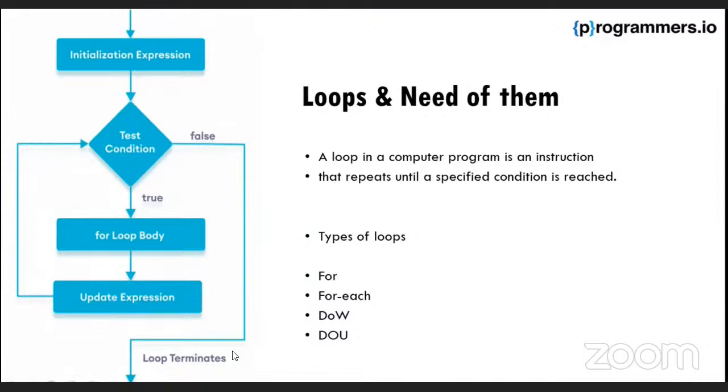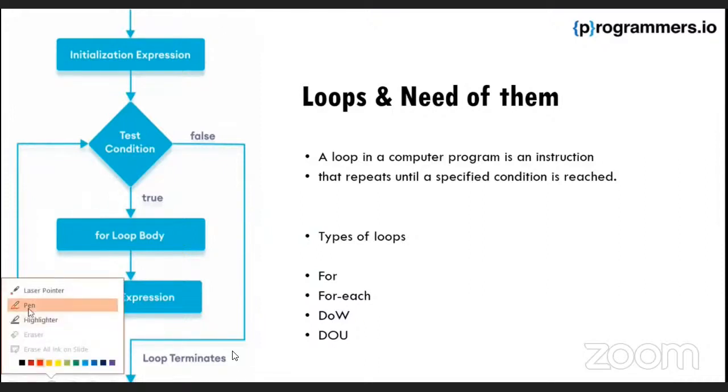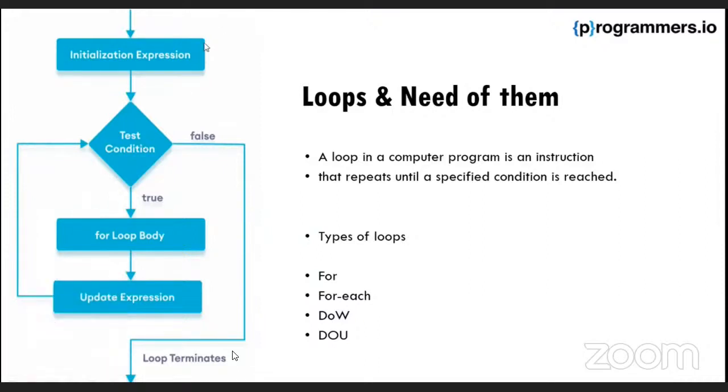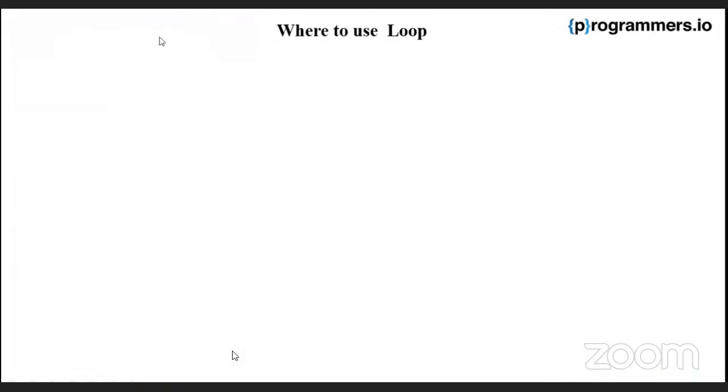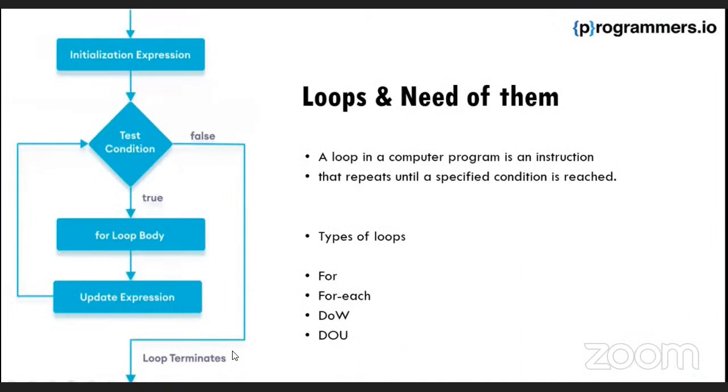So here, what is happening? Firstly, the loop is initialized. Initialize the expression, then test the condition, enter the loop body, and update the expression.